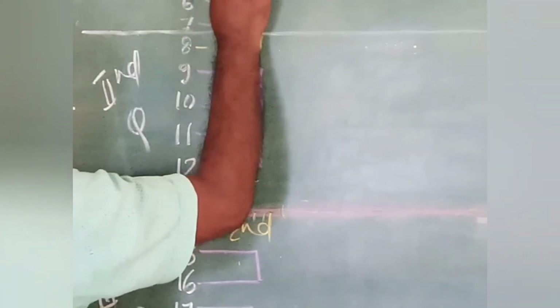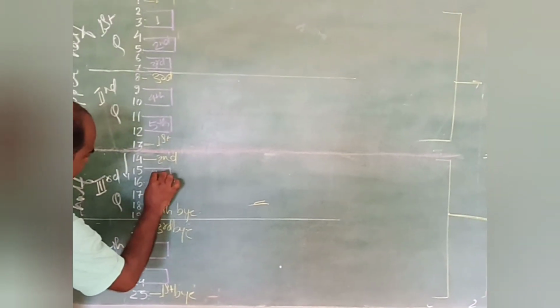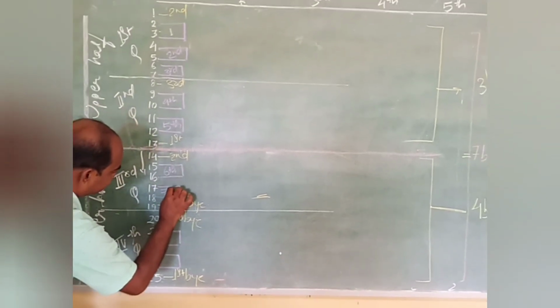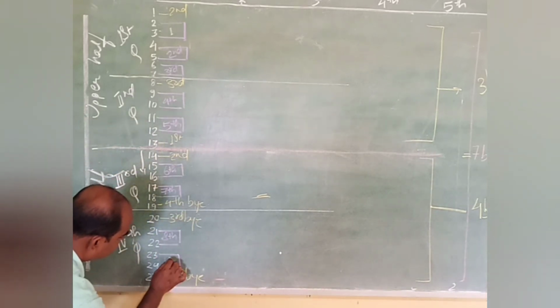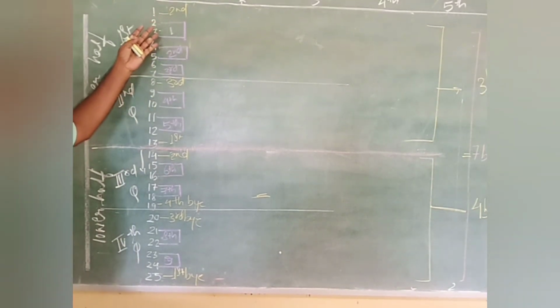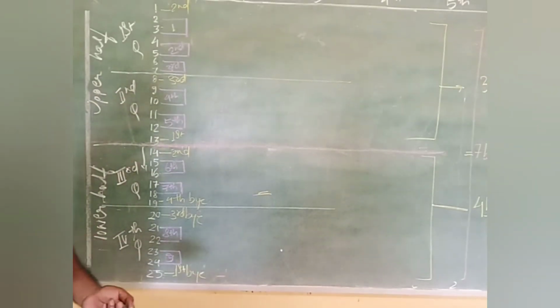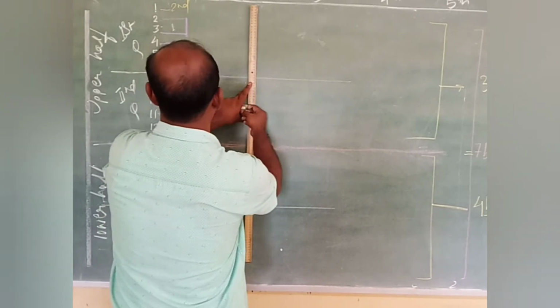So first match, second match, third match, fourth, fifth, sixth, seventh, eighth, ninth. In the first round, total number of matches played is 9. Now we will start the second round. In the second round I am using a scale, and I expect everyone to use a scale.